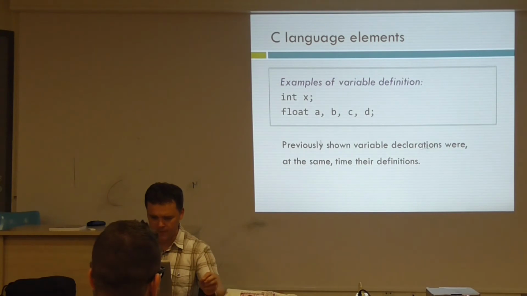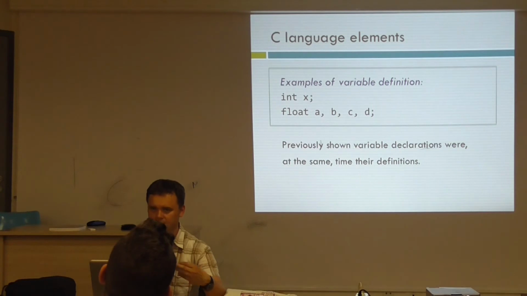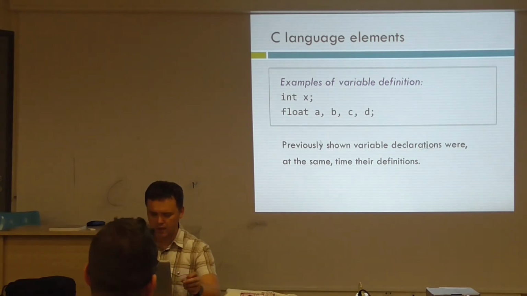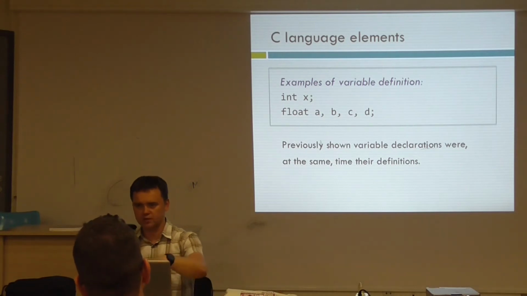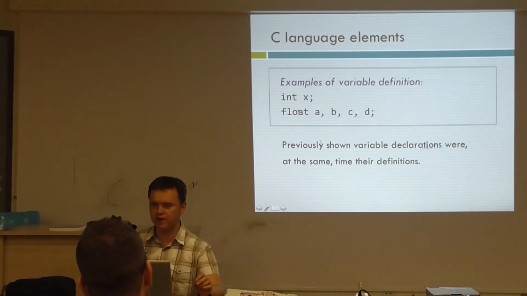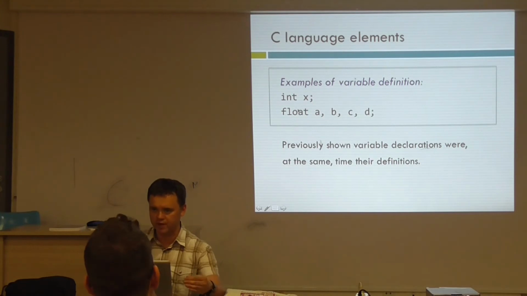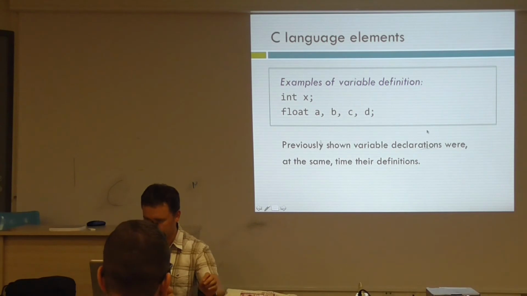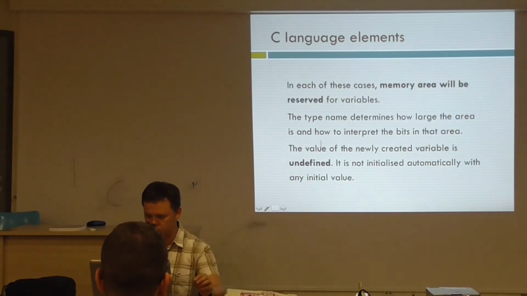Okay. Next. We know that it was declaration, but in fact it's definition. Because in C language, in C++, Objective-C, we can not only tell about the meaning of this identifier, but also the system will reserve memory for this identifier. Okay, so you should know about it.